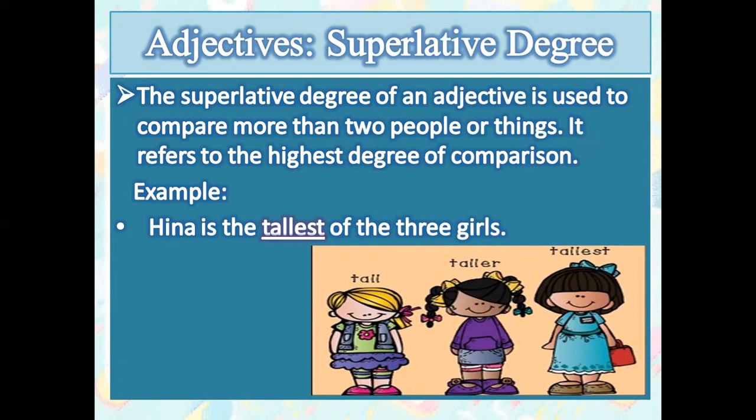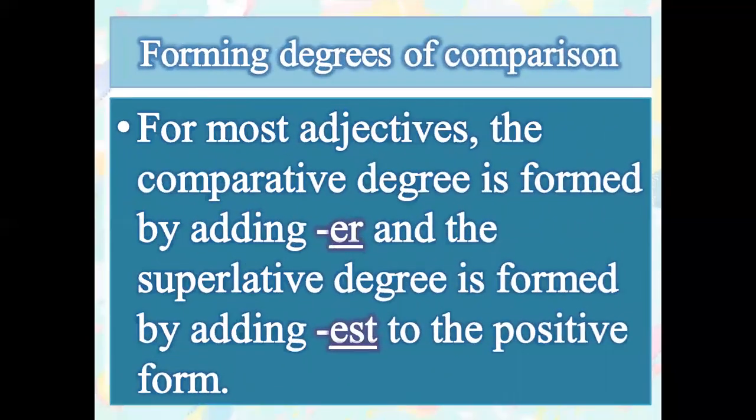Right? And now let's see what we use with the adjectives when we are changing them in the comparative degree, right? And the superlative degree. So we will focus on this.